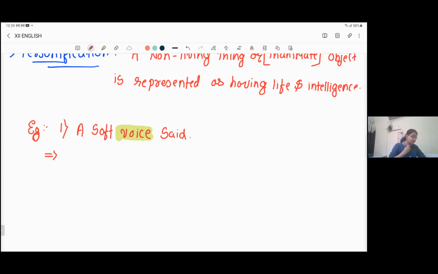We are speaking. I spoke, no? But here, the sentence is saying, a soft voice said. There is no name of a particular person, proper name is not there. So the word voice is given a personification effect, an effect of having life and intelligence. Right? Just write the explanation, how you will write.